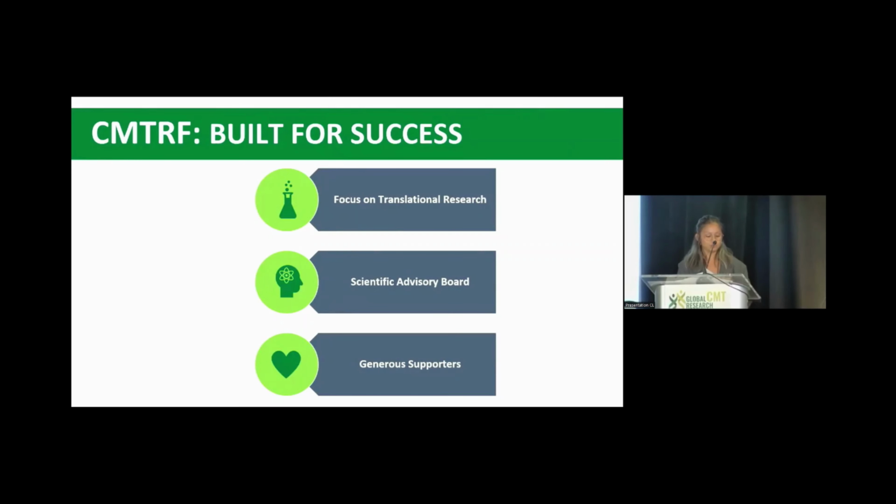And so what we have done is that we really focused on translational research. We looked at the gaps. What were the challenges? How can we accelerate the drug development therapy? And then we focused on who we can bring in that can help in accelerating these different drugs and therapies that are being developed right now.